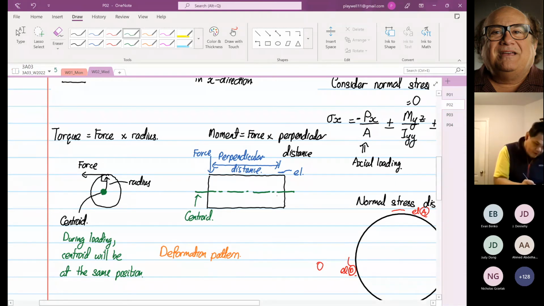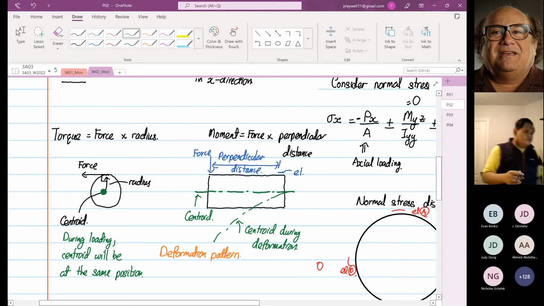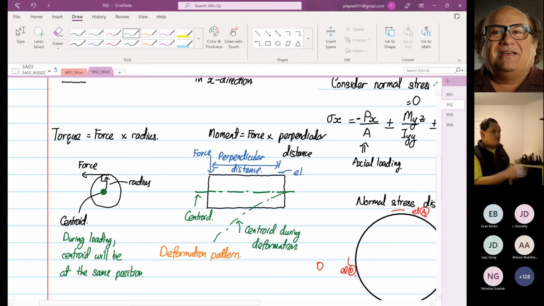The centroid will deform in this manner now. So by looking at how the centroid deforms during loading, you can tell whether it is a moment or a torque.